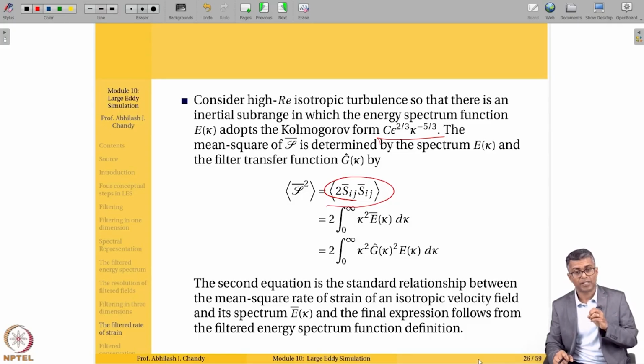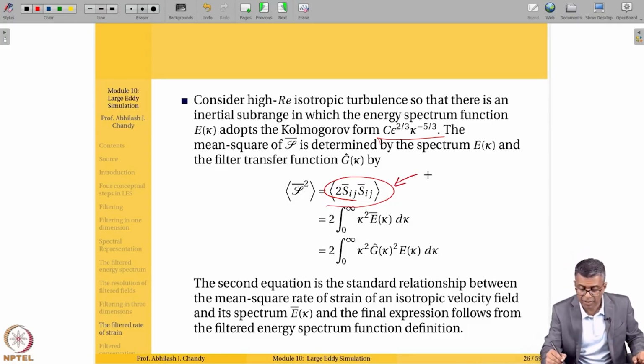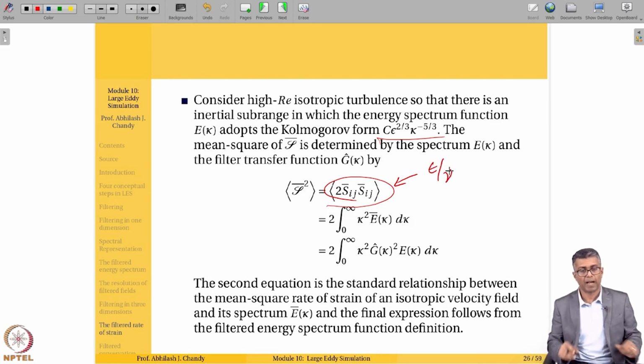Now, here is where I'm invoking something else. This is actually related to the dissipation rate divided by kinematic viscosity. I'm not going to go over the derivation, but the square of the characteristic rate of strain, which is 2 Sij bar mean, is given by the dissipation.